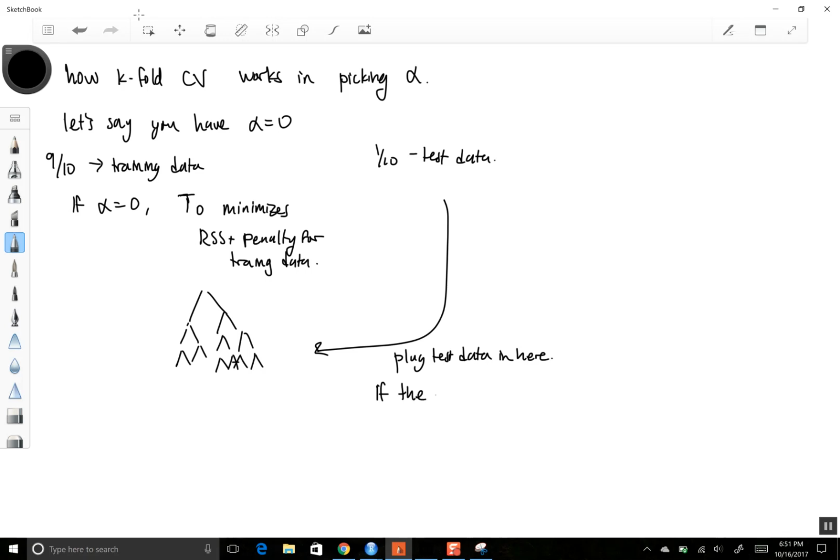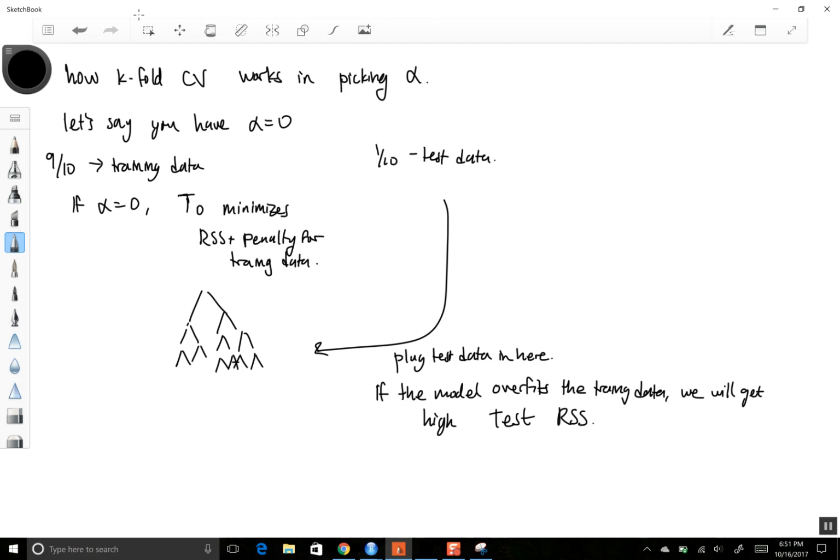So we plug this in, and if the model overfits the training data, we will get high test RSS.